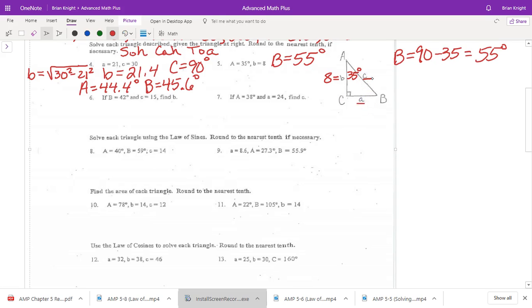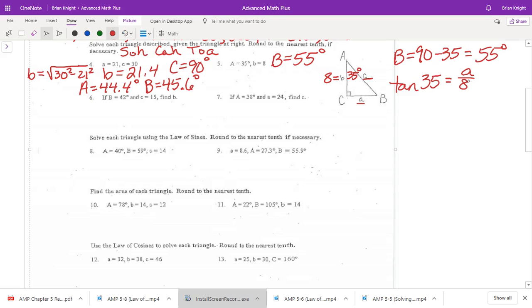A and C. So if I'm looking for A first, we'll just go in alphabetical order. A is what to 35? Opposite. 8 is what to 35? Adjacent. What uses opposite and adjacent? Tangent. So I'm going to say tangent of 35 degrees equals A over 8.